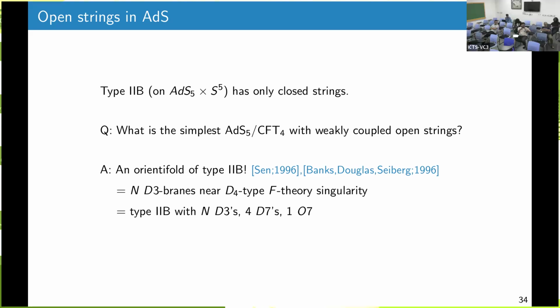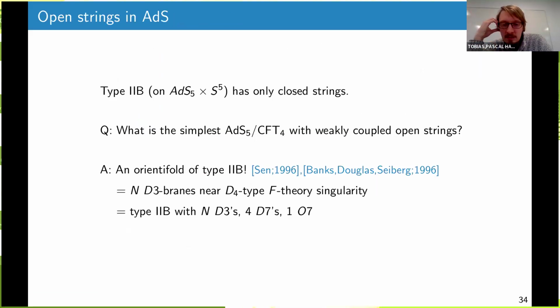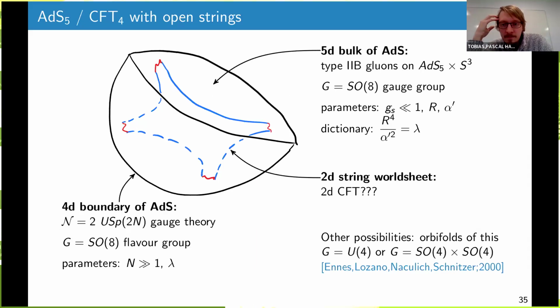The bulk is just 8-dimensional. You wrote AdS5 times S3. Yes, that's the fixed point locus of the orientifold action. But the two remaining dimensions are just gone? It should be some 10D theory, no? Yes, the gluons propagate on this. Oh, I see, the gluons are on an 8-dimensional space. Yes, on these D7 planes. I see.